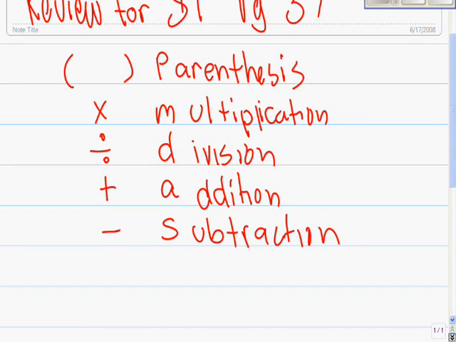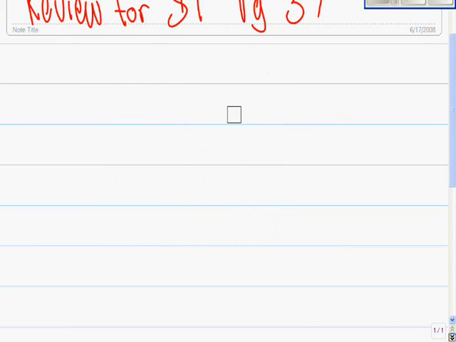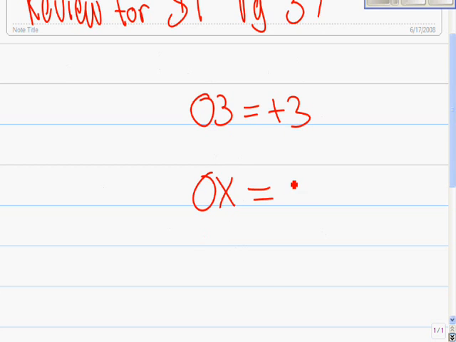PEMDAS. Okay? Parentheses, multiplication, division, addition, subtraction. Remember that if there's no sign in front of the number, the sign is a positive. Whenever there's no sign in front of a letter, the sign is a positive. Remember that.